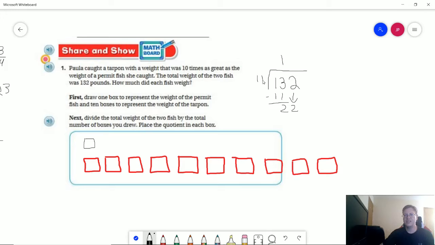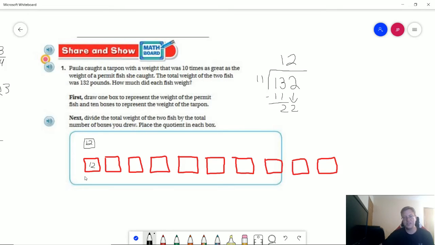And so when I do that, I can do 22 divided by 11 is 2. That is going to give me an answer of 12. So my tarpon fish would have a 12 in this box, and then all 10 of these, permit fish for this one, tarpon, would be all 10 of the bottom ones, and we would write in the number 12 for each of those.